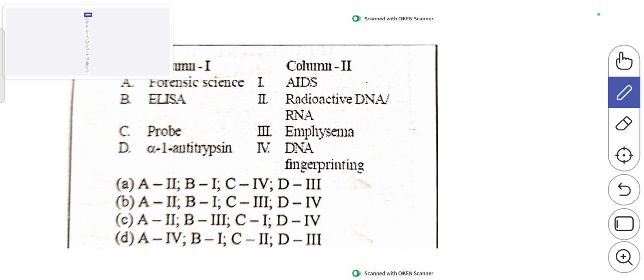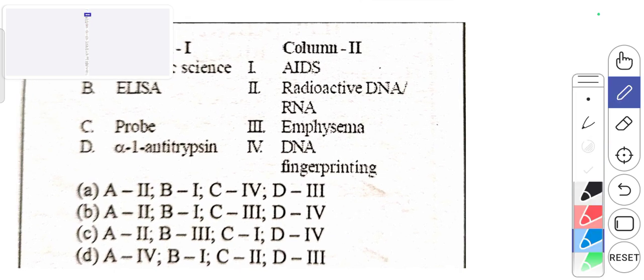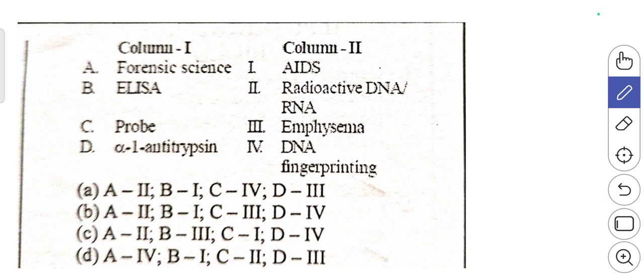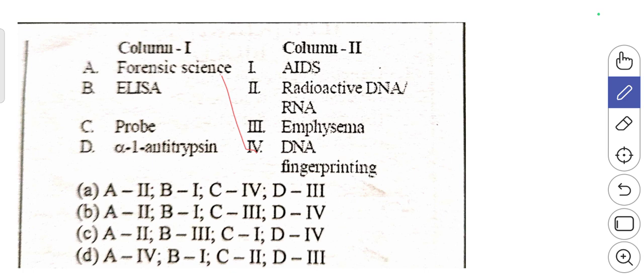Then forensic science, where DNA fingerprinting is often utilized. So for A, fourth is the right answer. Then ELISA, enzyme linked immunosorbent assay, which functions through the principle of antigen and antibody interaction. So ELISA, that is AIDS.